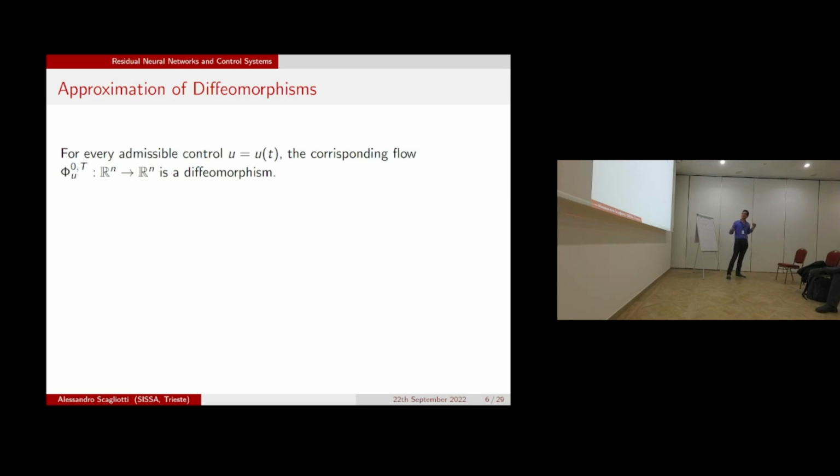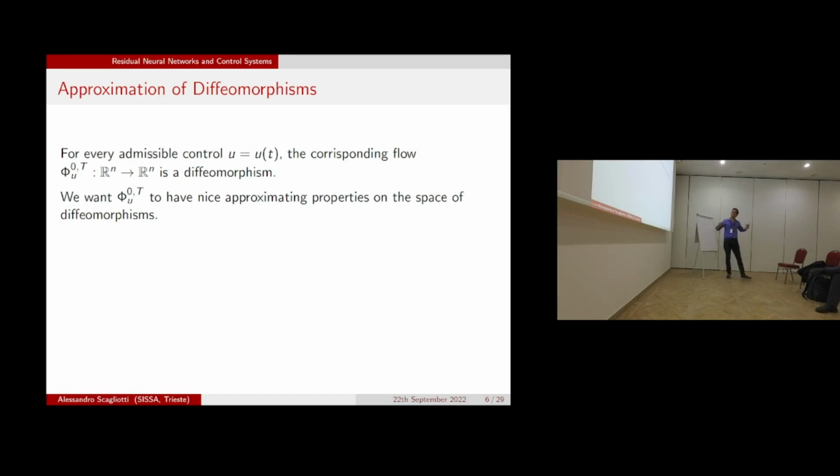Because the flows produced by a system by choosing different controls are themselves diffeomorphisms. So the idea is that we would like the diffeomorphisms that we can produce through our control system, by choosing different controls, to be rich enough. What does it mean, rich enough?